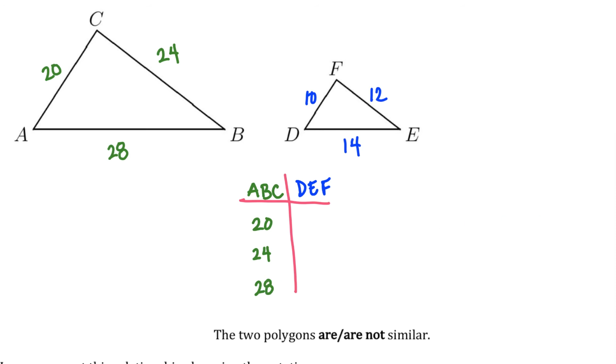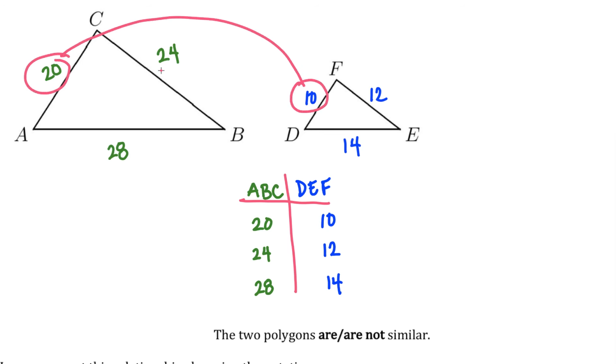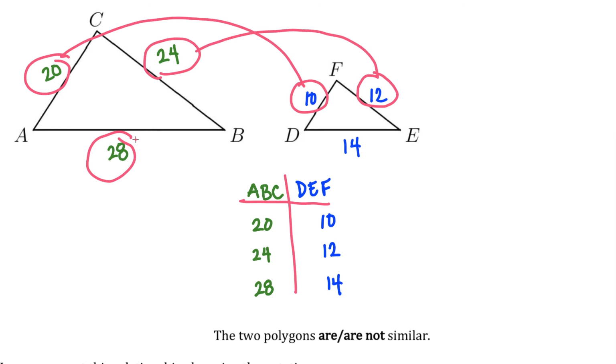And with DEF, we put 10, 12, 14. Be careful because the 10 and the 10 have to go across from each other. I'll show you. Like the 20 and the 10 go with each other. They're corresponding. 24 and 12 are the corresponding measurements. And 28.